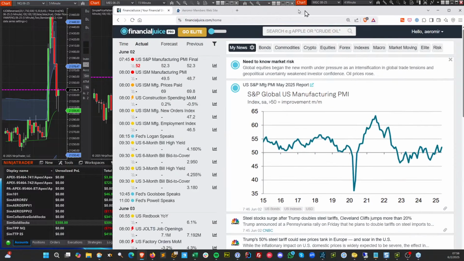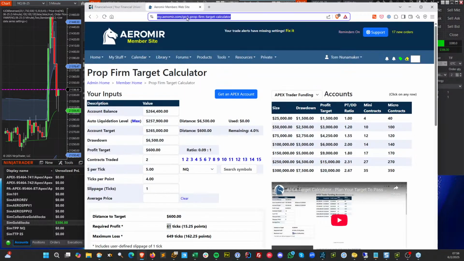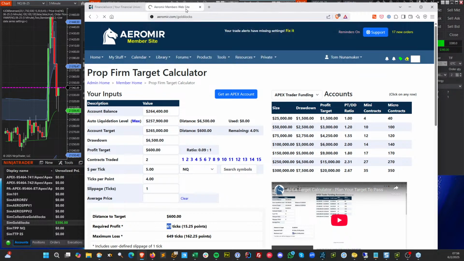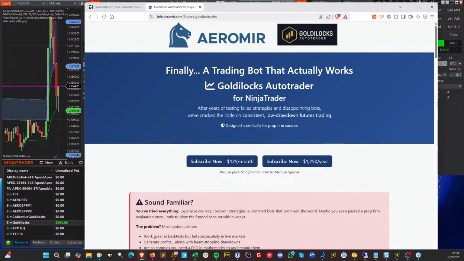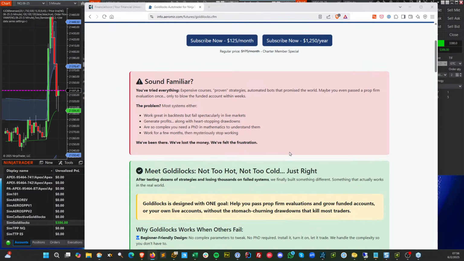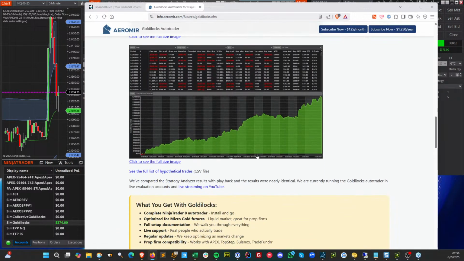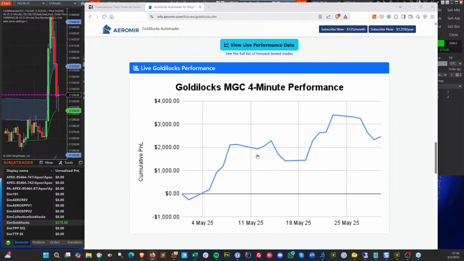If you go to Aeromir.com/Goldilocks, put it in the chat. And it talks about it here, the performance for a year. Kind of these things, like Trading Partner design these. I need to update this. $2,500 drawdown is his maximum for a year.